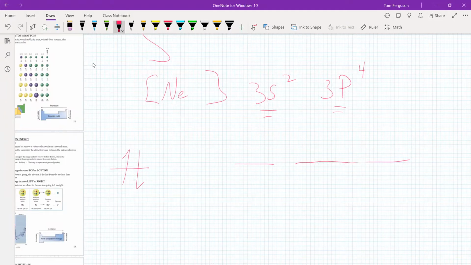We have 4 electrons in the P's. We're going to go 1, 2, 3, 4. And this is equivalent, by the way, if we went like this. That's the same, okay? Or you can have it over here, either way. I usually fill it left to right, but it doesn't have to be.